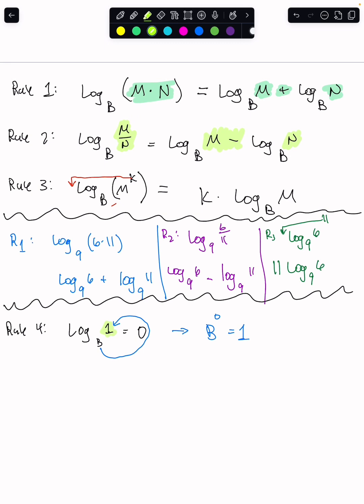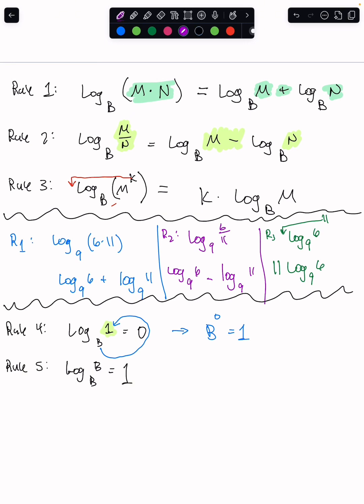Okay, rule 5 says log base b to itself equals 1.